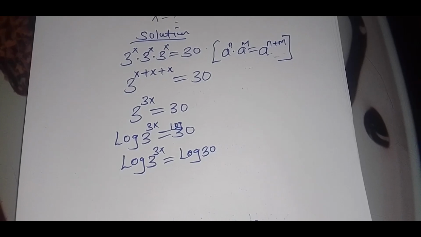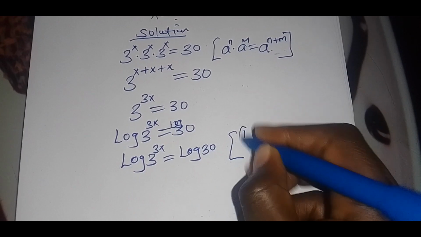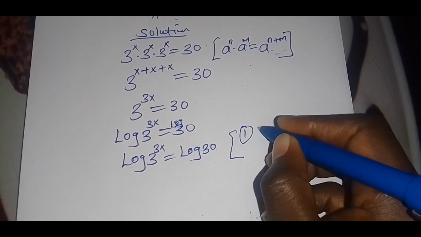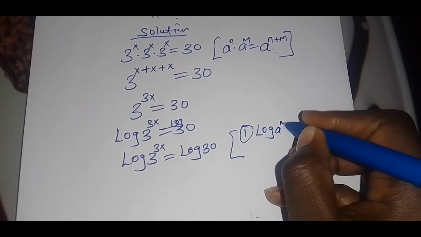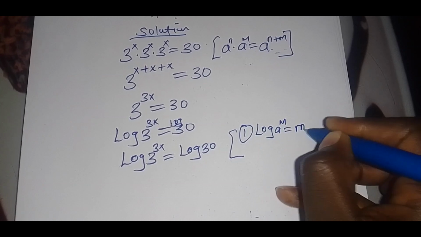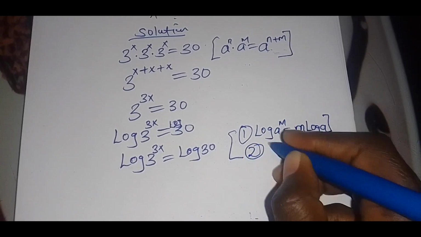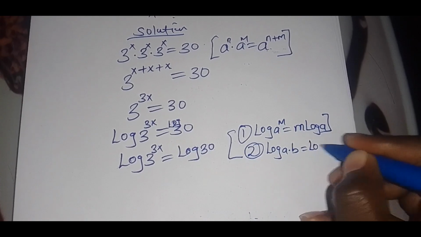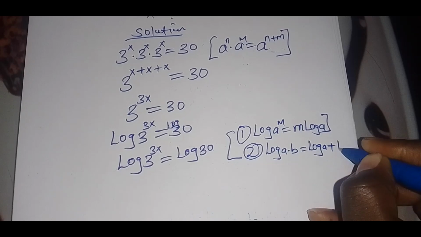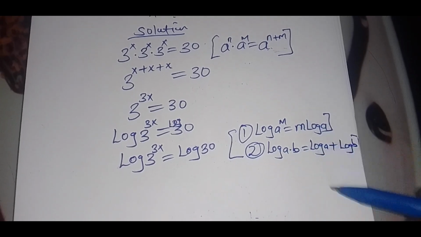Now we have two logarithm identities. The first: log a raised to power m can be expressed as m log a. The second: log of a multiplied by b can be expressed as log a plus log b. We apply these two identities.